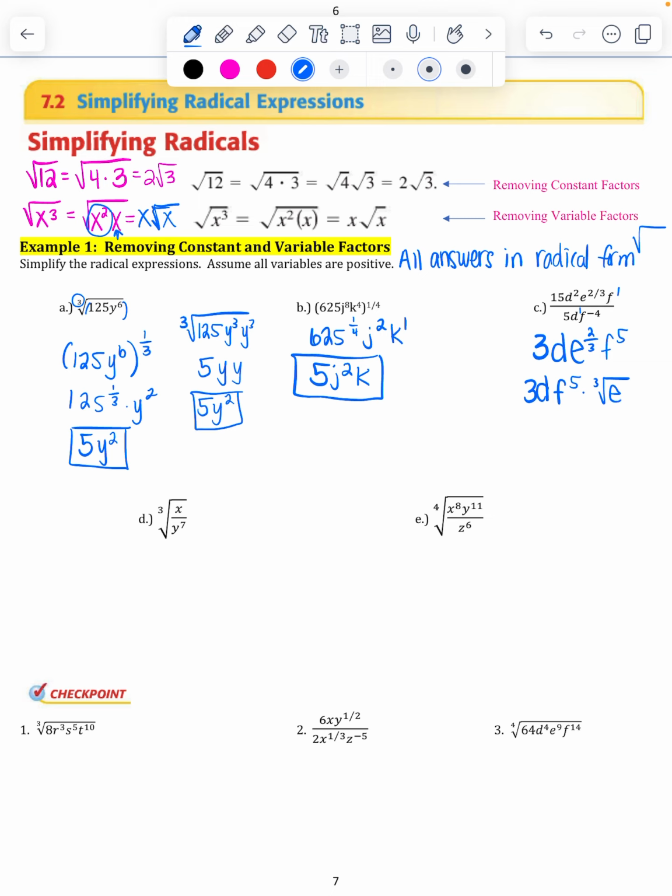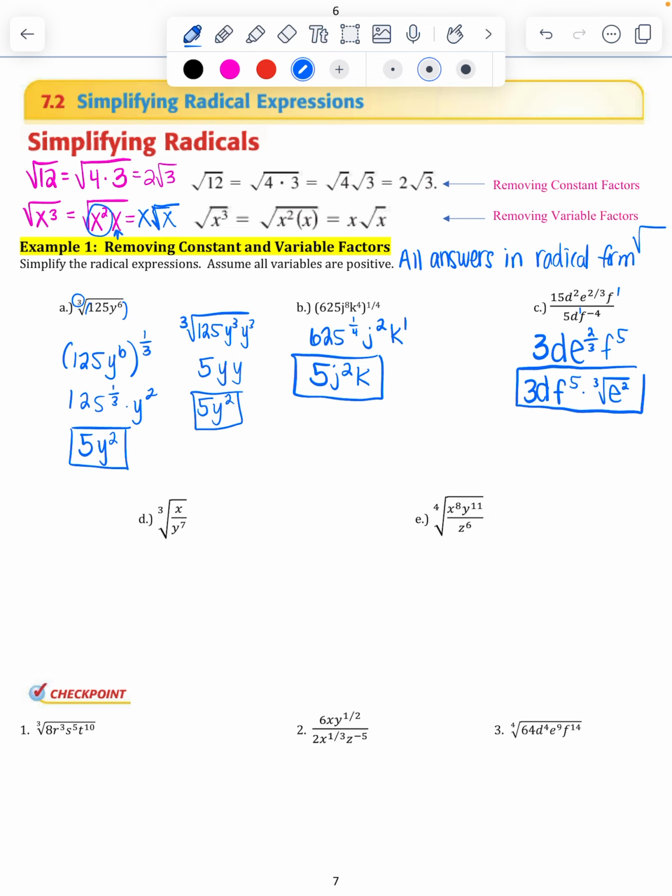The radicand, the number on the inside, is always the base. And then the numerator is always the little exponent that goes next to the number inside the radical. So this would be 3d f to the 5th times the cube root of e squared.